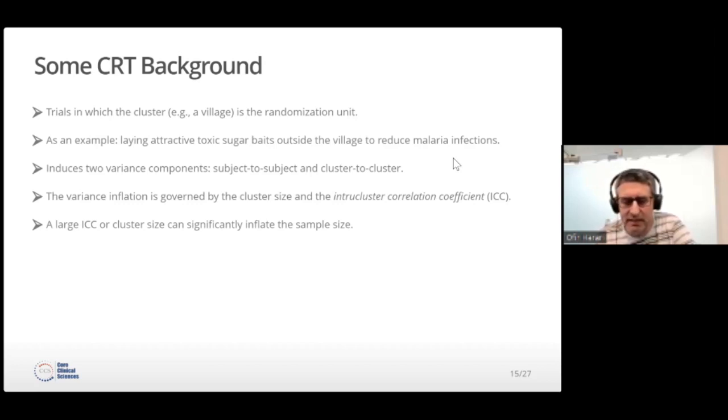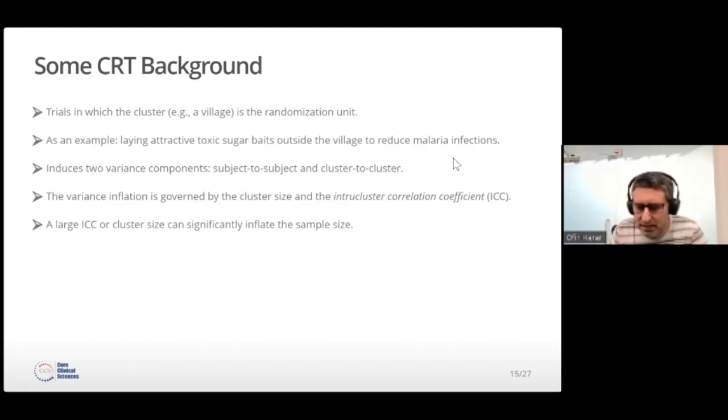It is the correlation between subjects within the same cluster. For example, if I get infected with malaria, what does that imply on other people living at the same village as me? Does it also imply that they have an increased risk of getting infected in malaria?